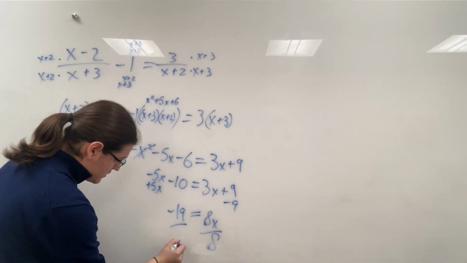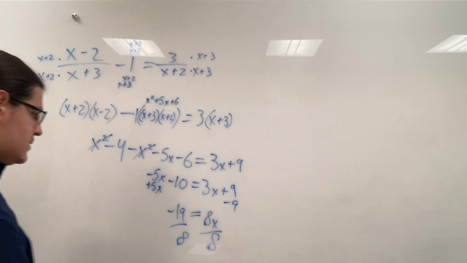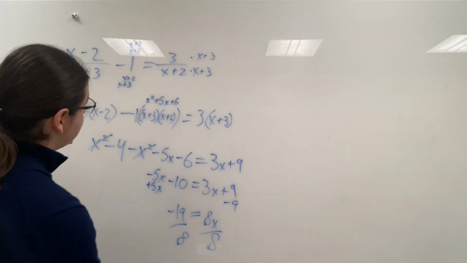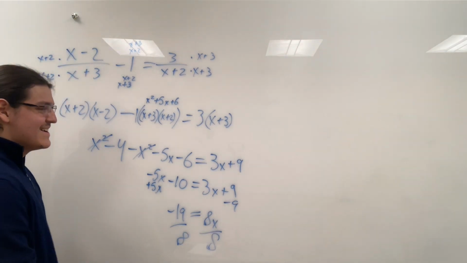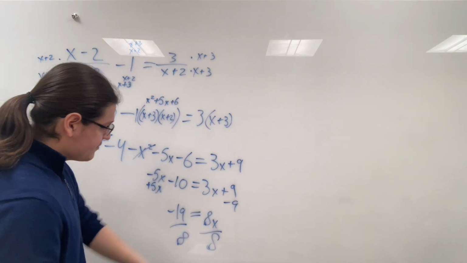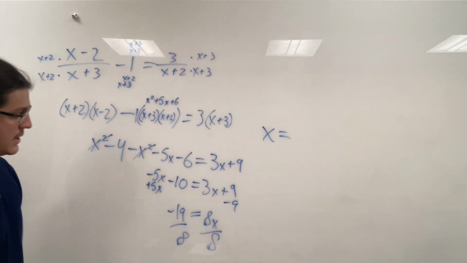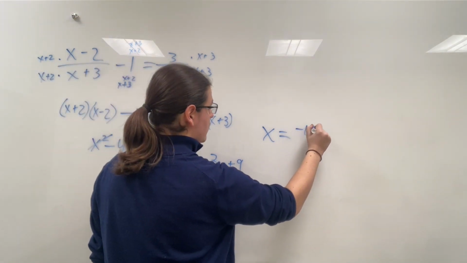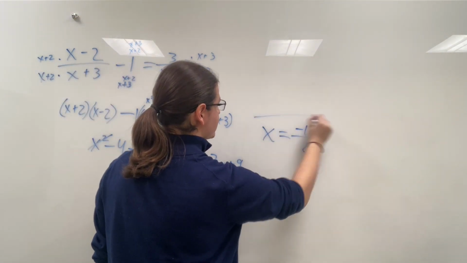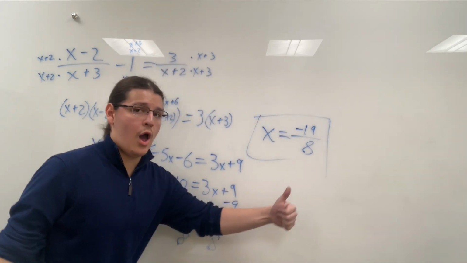Divide by 8. Divide by 8. I'm not yet used to writing diagonally, but this right here tells us that x is equal to negative 19 over 8. Voila.